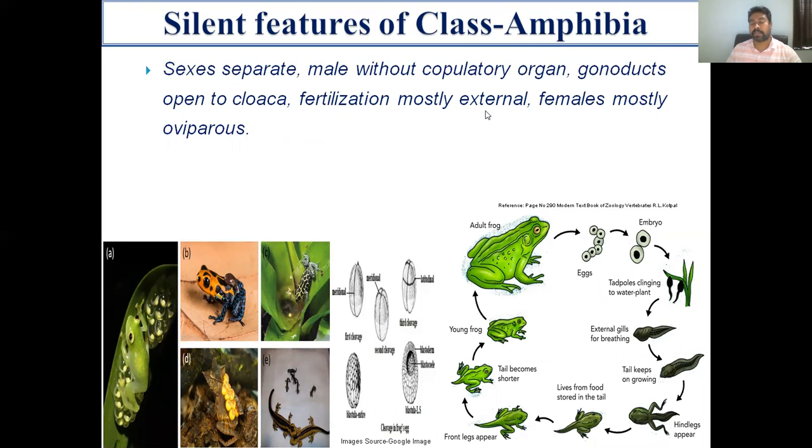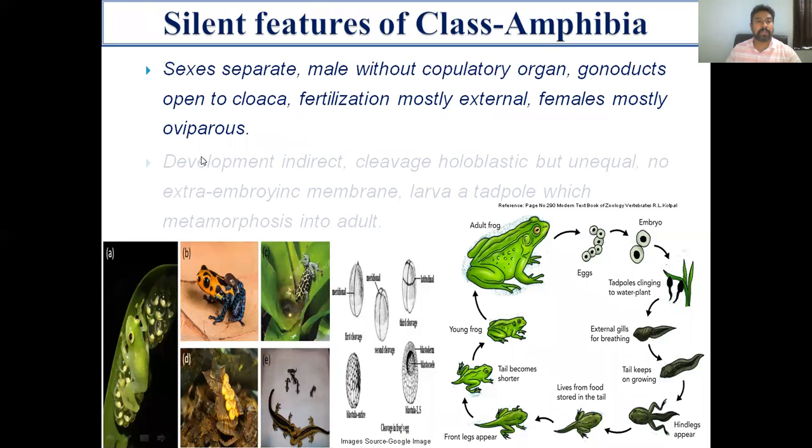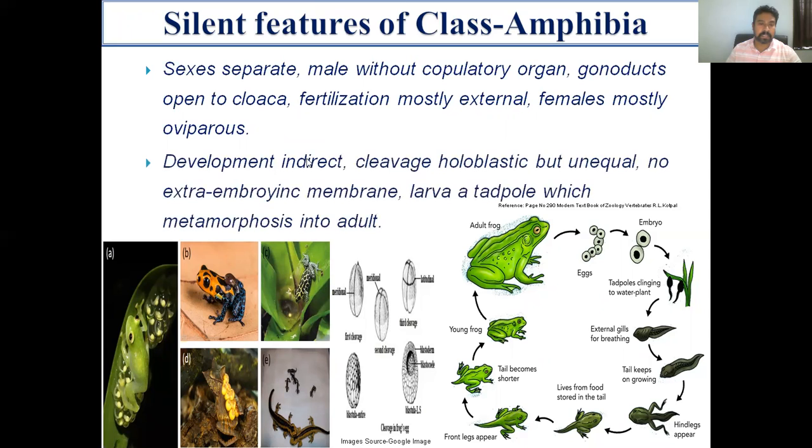External fertilization means fertilization takes place in the water, where both the male and female release their gametes in the water and their union occurs. Females are mostly oviparous, meaning they lay eggs. And development is indirect, meaning there is a formation of a larva. A well-known example is the tadpole larva of the frog.